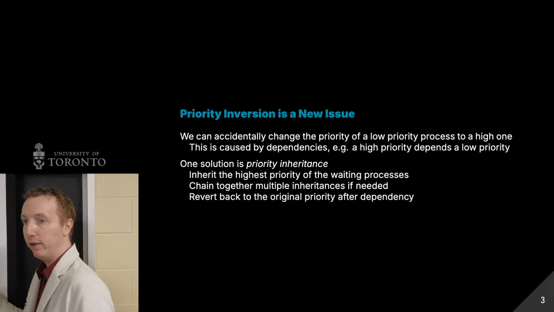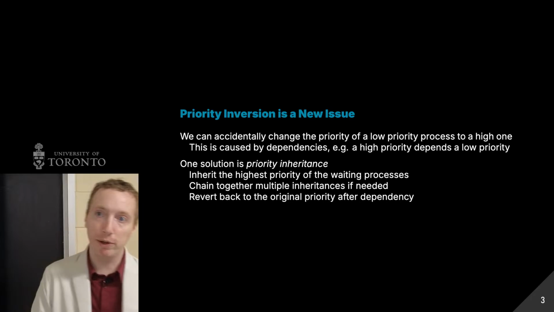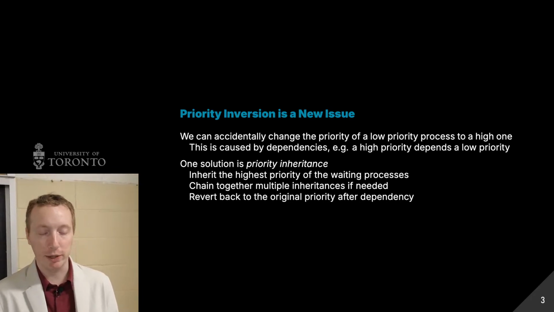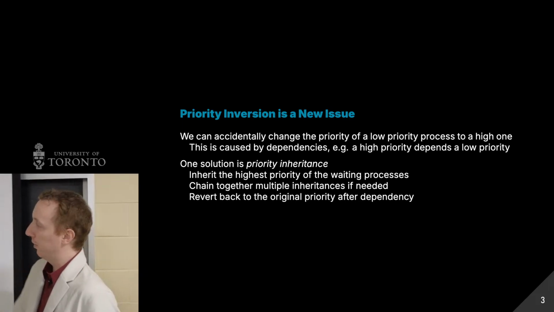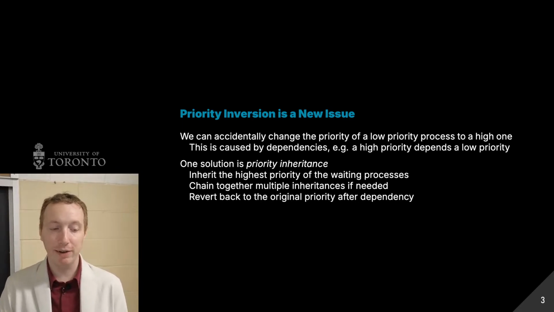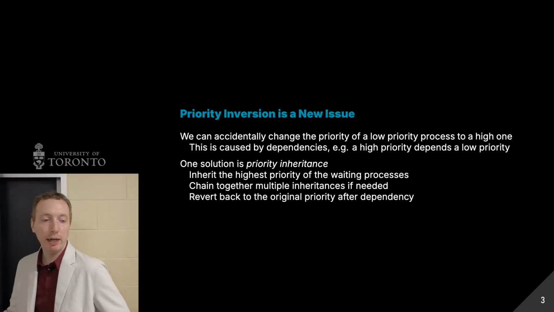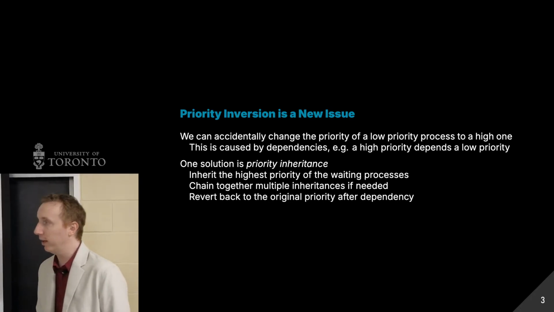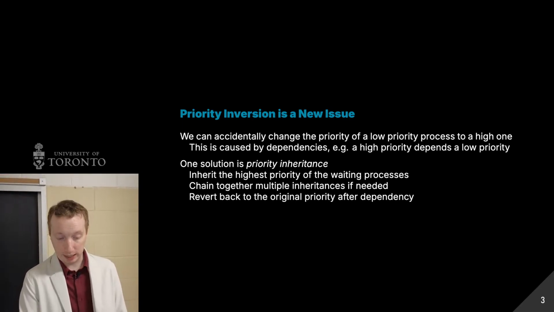So if I'm waiting on something and it has a lower priority than me, temporarily I will increase its priority to my priority. And of course, this could happen recursively. So I might have to chain together multiple inheritances if I need it. And then as soon as that dependency gets unblocked, I can revert it back to its original priority. But in order to break it, I have to do something like priority inheritance.